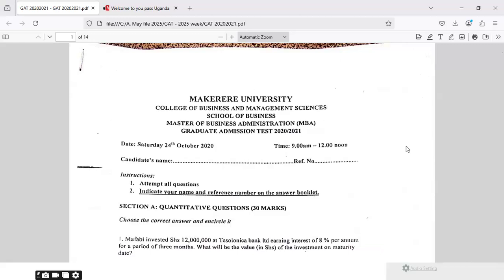But I recommend that you practice excessively so that you manage, because this time around the applications are going to be so many. They might even shortlist around 600 because of the way they're extending the deadline every day.